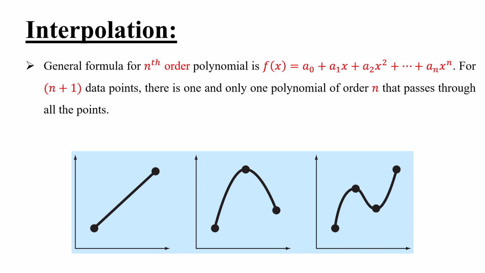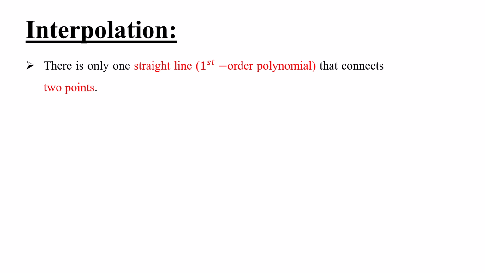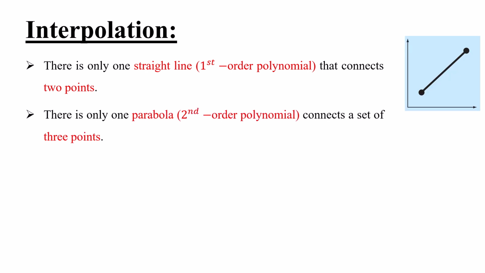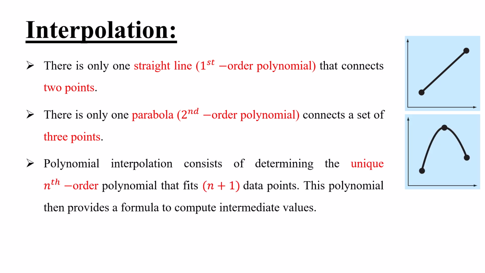The general formula for interpolation says that if you have an nth order polynomial, then you need n plus 1 points to fit it. There is only one straight line in the case of a first order polynomial. In the second order we have a parabola that connects the points, and similarly if we have n plus 1 points, we need an nth order polynomial to fit them.